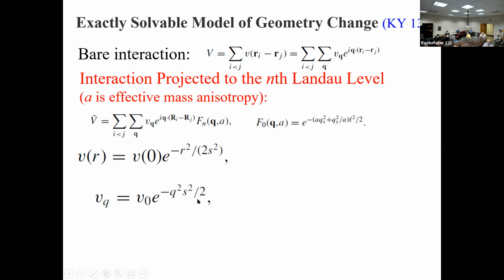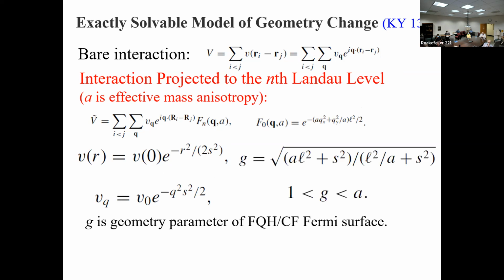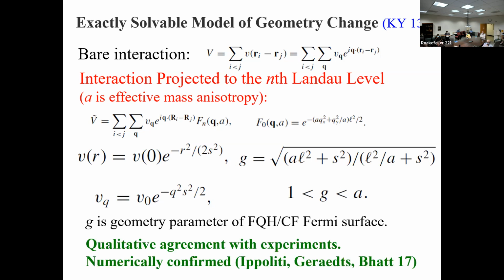But when I combine this isotropic Gaussian with an anisotropic Gaussian, I get another Gaussian, but with a reduced anisotropy, because I'm mixing up something that's isotropic with anisotropy. And I can immediately read out the anisotropy exactly. And because it's a mixture of an isotropic Gaussian with an anisotropic Gaussian, the result is always less anisotropic than the original Gaussian. So qualitatively, it immediately tells you that the composite fermion problem should have less anisotropy than the bare electron, which only knows about the effective mass.